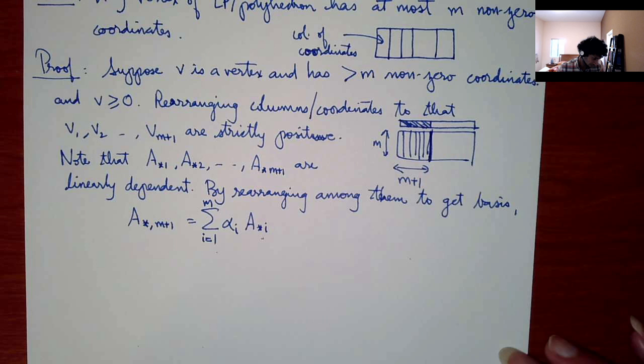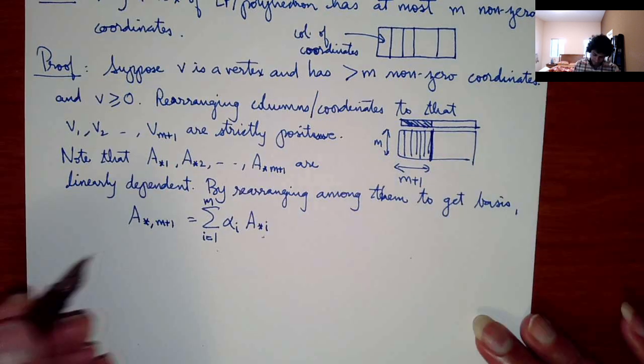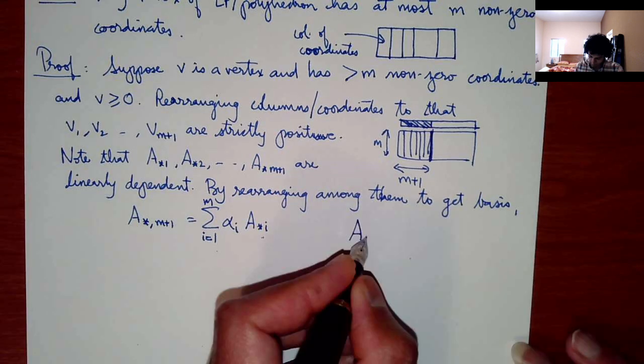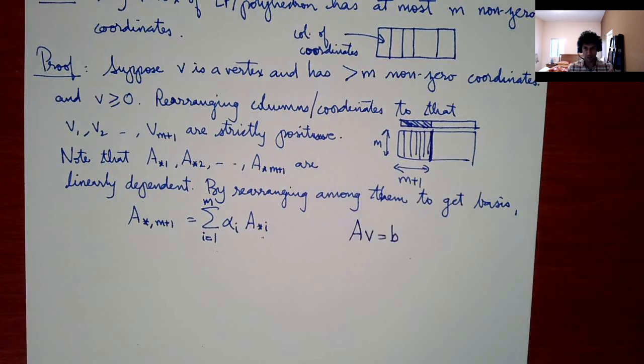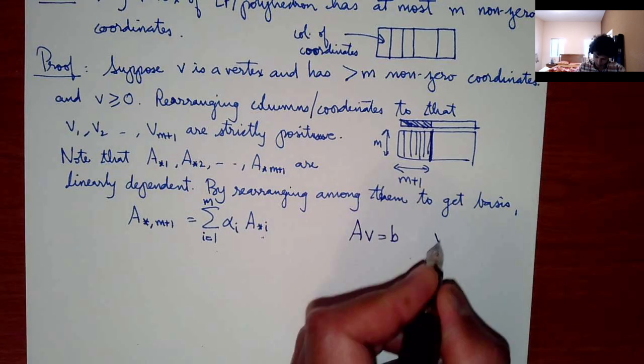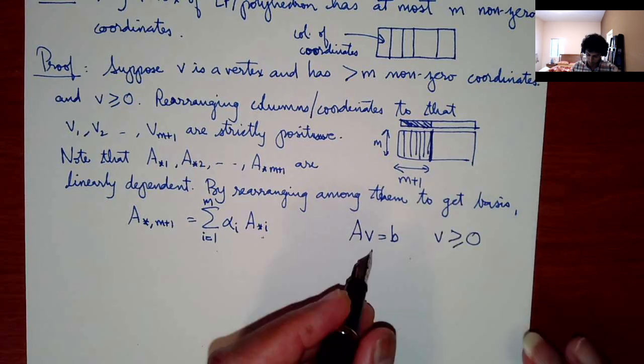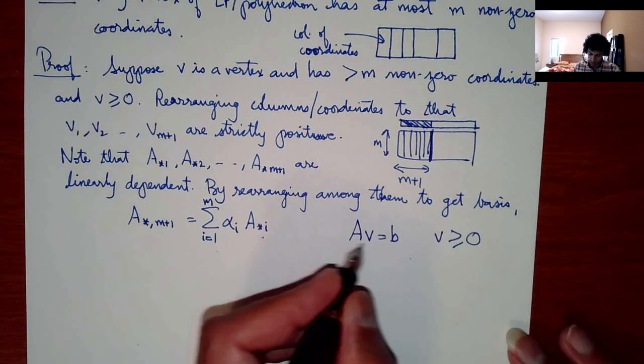Alright? So I know that A times V is equal to B, because V is a vertex of the polytope, so it is feasible. And V is greater than or equal to 0. So what is A times V? I can write this as a linear combination of column vectors.